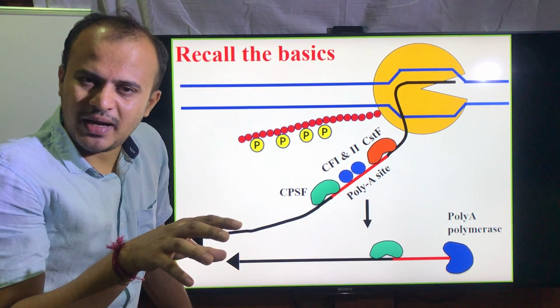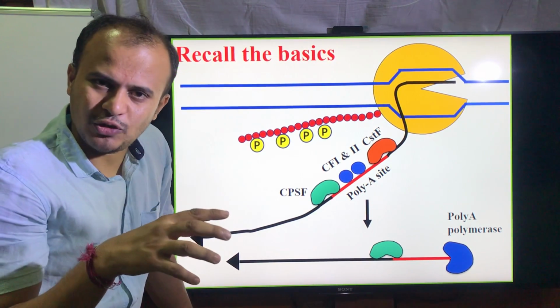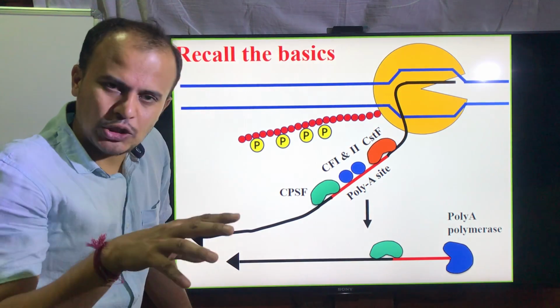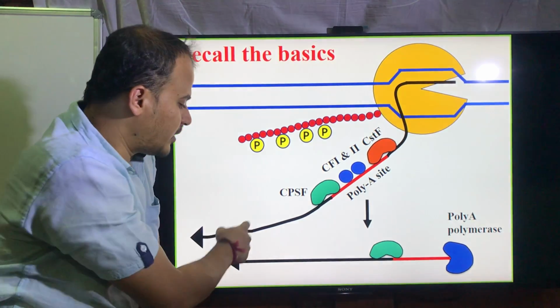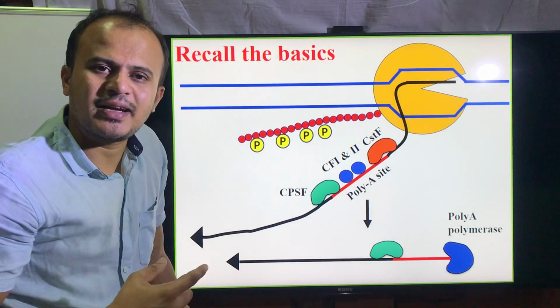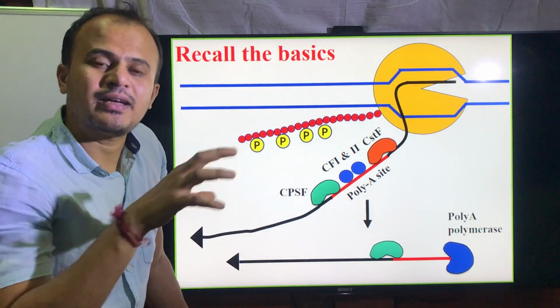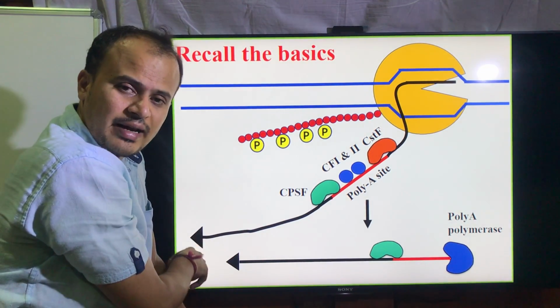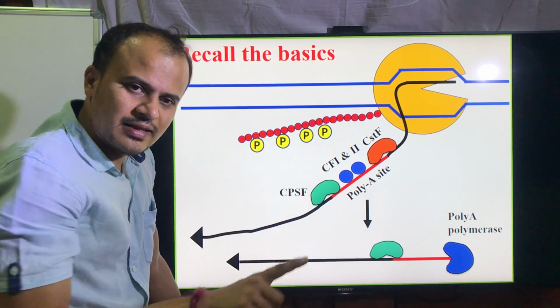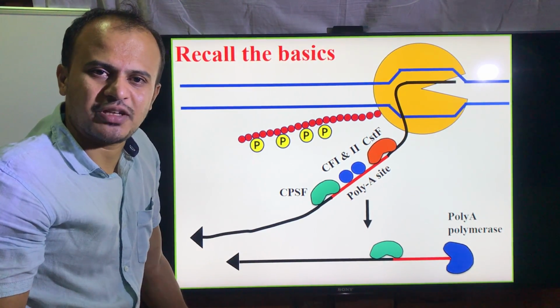It protects the mRNA from 5' exonuclease activity. Also, capping is a must if the mRNA is to be recognized by the ribosomes during translation. If the RNA is not capped, then it is not recognized by the translation machinery.